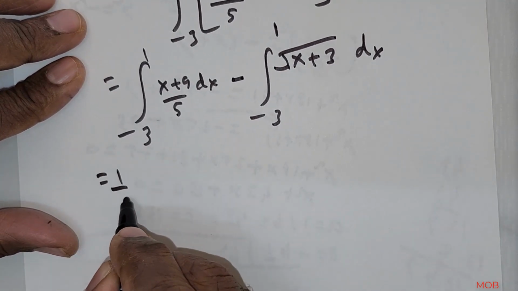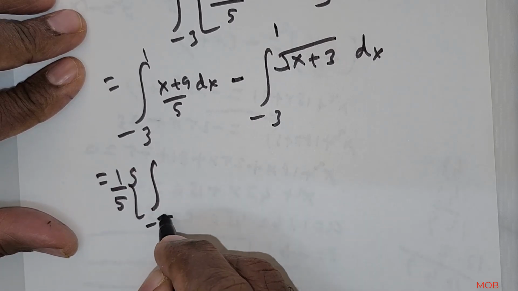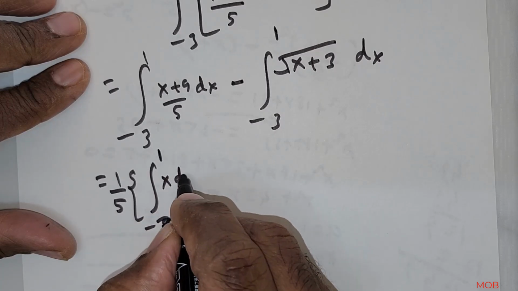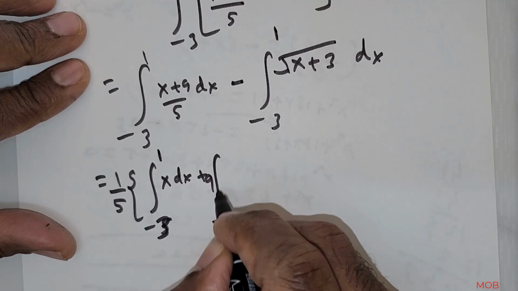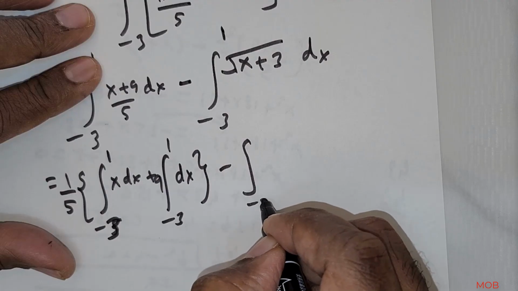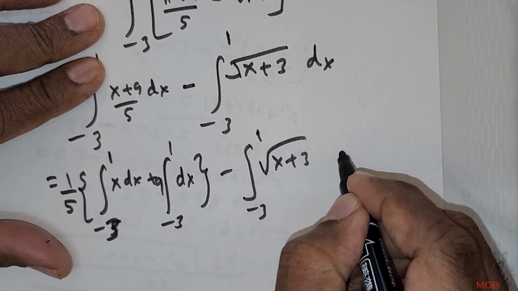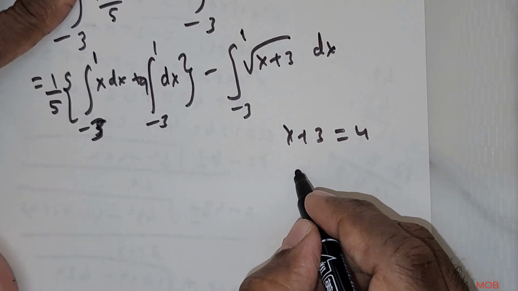So this is going to be 1 over 5 integral negative 3 to 1 x times dx positive 9 times integral negative 3 to 1 dx, negative integral negative 3 to 1 root of x positive 3 times dx. Now I take x positive 3 is equal to u.